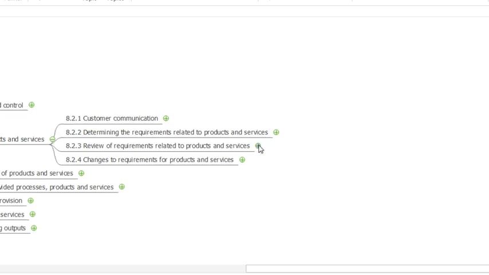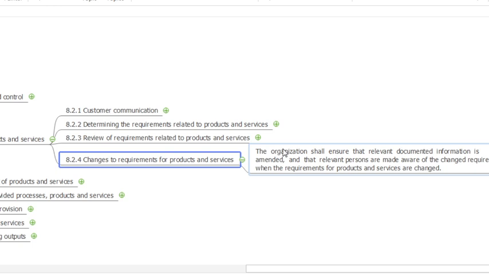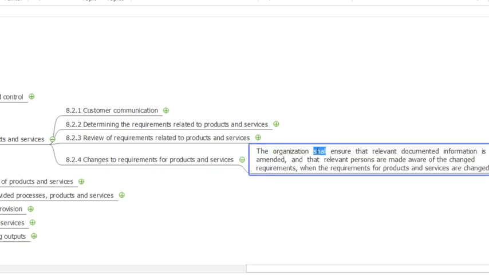Now clause 8.2.4, changes to requirements for product and services. Here the organization shall ensure that the relevant documented information is amended, and documented information here means we have to maintain a document, like a 3M change or any amendment.